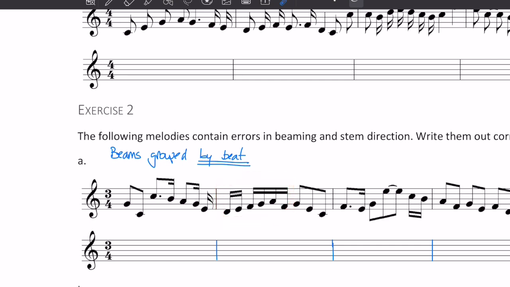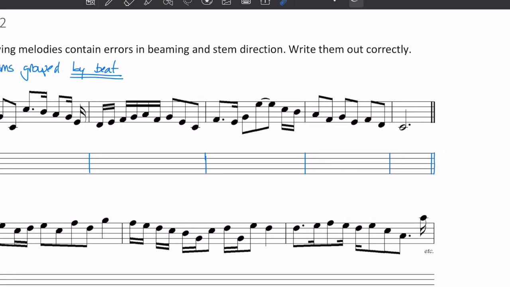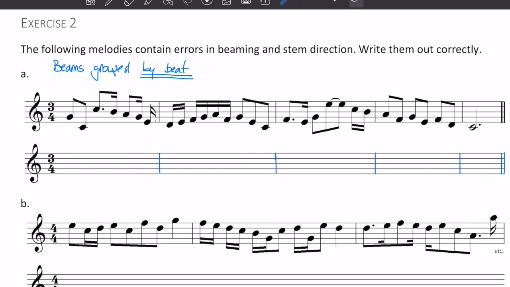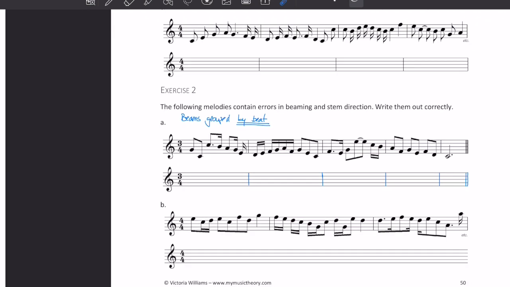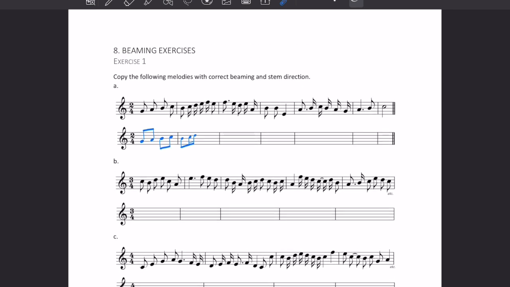So you'll have to be a bit of a detective to find which way each of these should be beamed to be considered correct. So again, grouped by beat. And then be careful of the stem direction. Is it supposed to be flat? Is it supposed to be rising? Is it supposed to be falling? You'll have to pay close attention to figure that out. So that's how you complete exercises 1 and 2 of lesson 8, beaming.